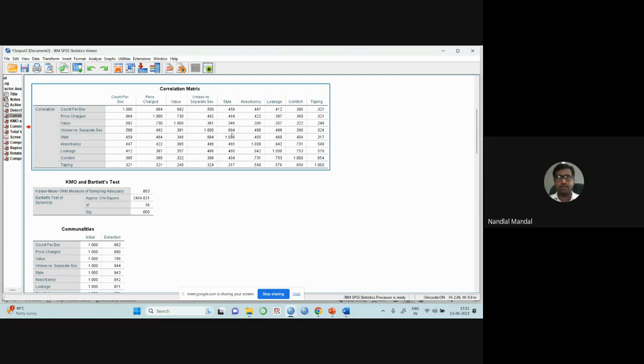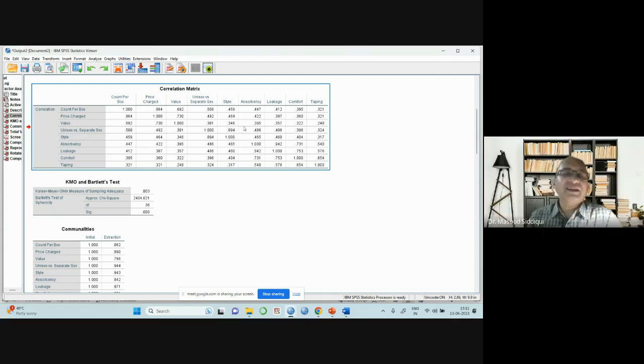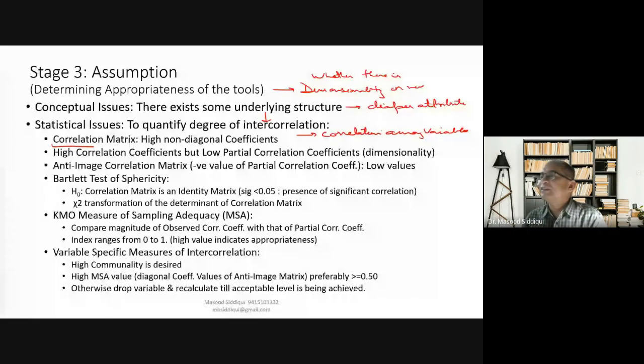Yes, sir. Okay. Now I am considering another concept. Let me take a bit of statistics to explain that. Actually, we have two types of correlation coefficients.